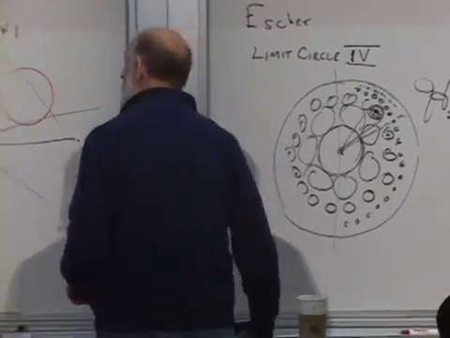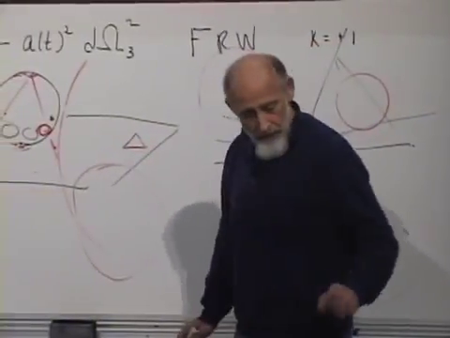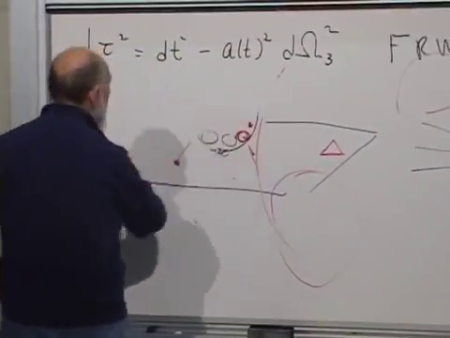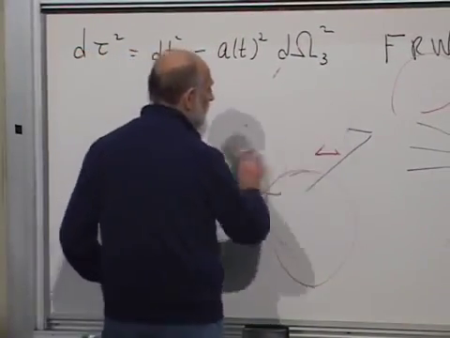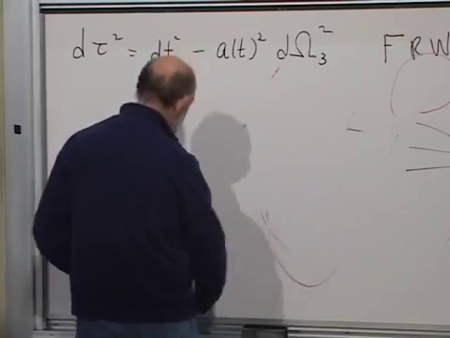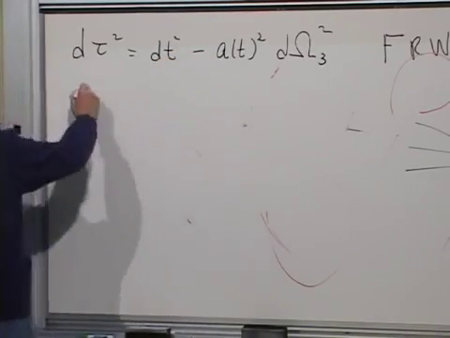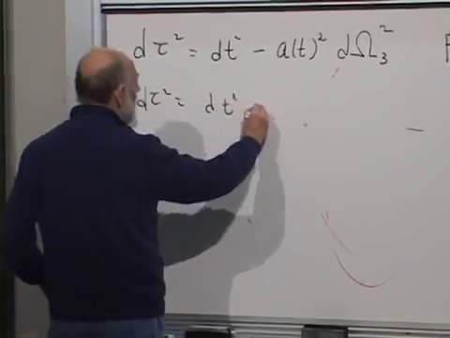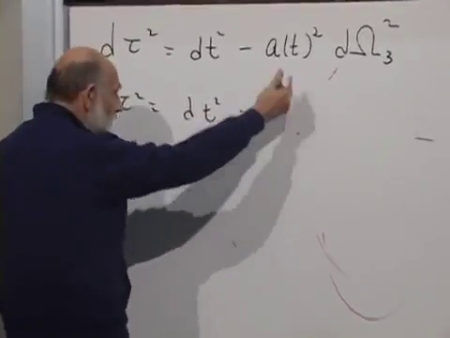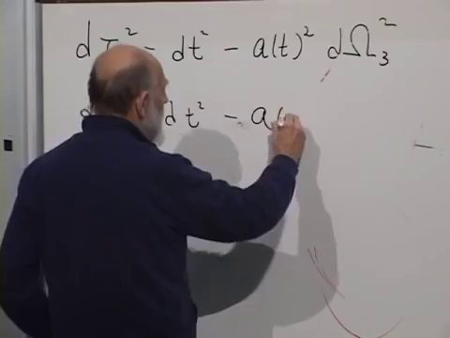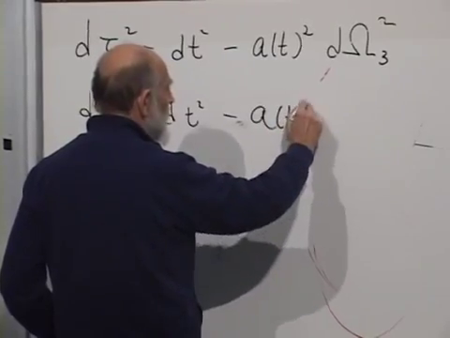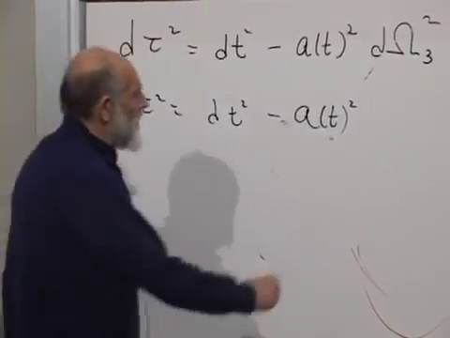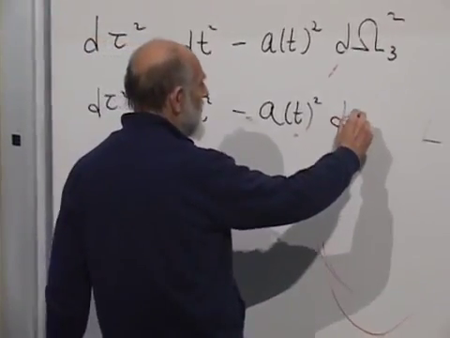So what does infinite negative curved FRW look like as a mathematical metric? Same deal. d tau squared is equal to dt squared minus, again, some natural radius, some natural size of the thing, times dH3 squared.